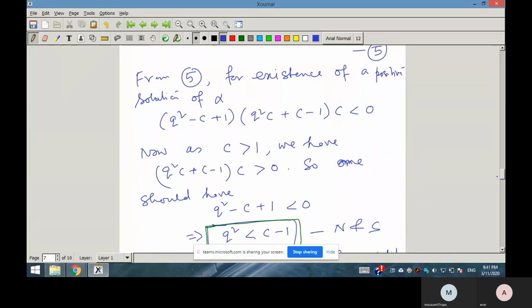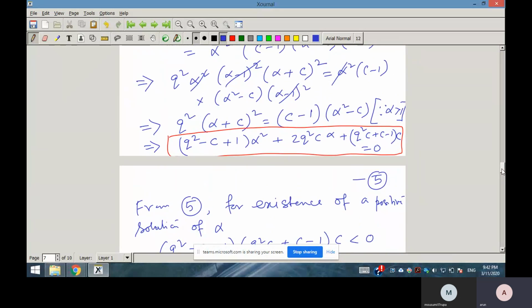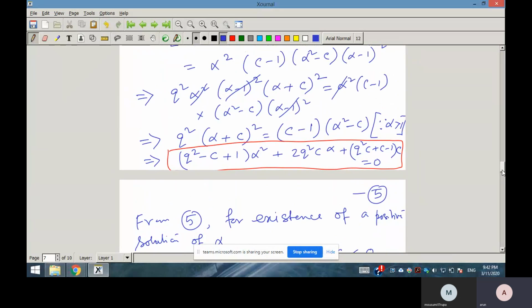And here c is greater than 1, and q square c is positive. So that's why this is also greater than 0. This is the condition for the existence of a positive, valid solution.